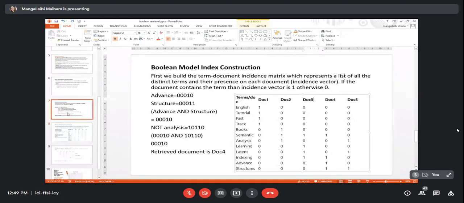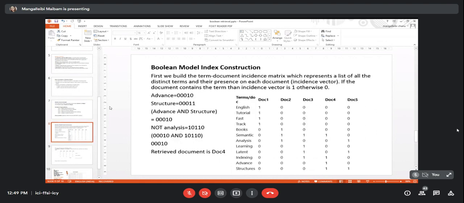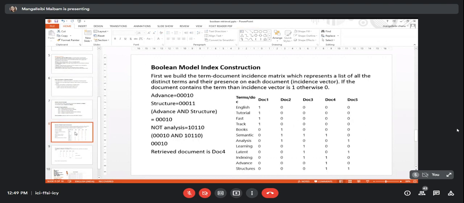And you have to check the query. For every example, for every collection, there will be one query given, so that accordingly you have to solve the query. This part we solve first, and secondly we solve this part, and finally the whole part is solved here.